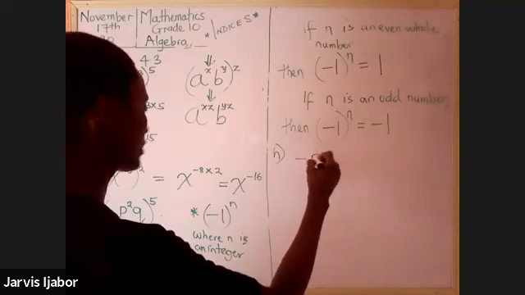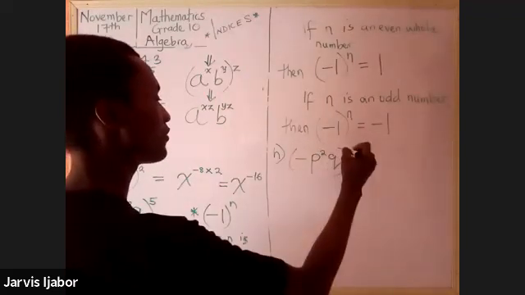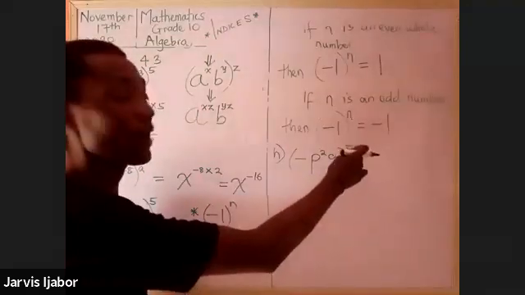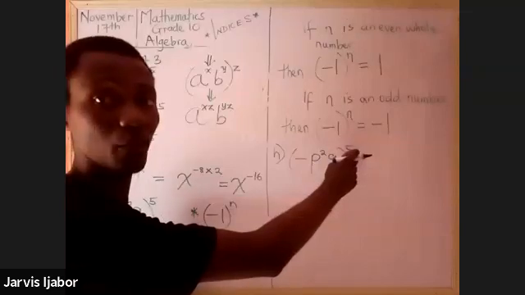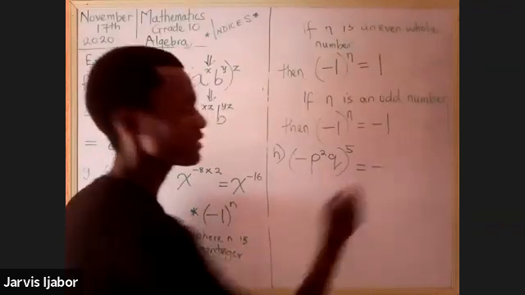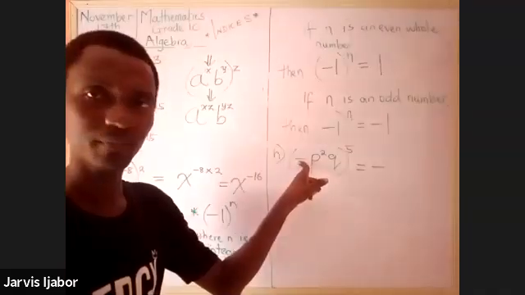This is negative p squared q all raised to the power of 5. Now, what is this power? It's odd, is that not? Because it is odd, the answer will be negative. So this power here affects what this value will be.